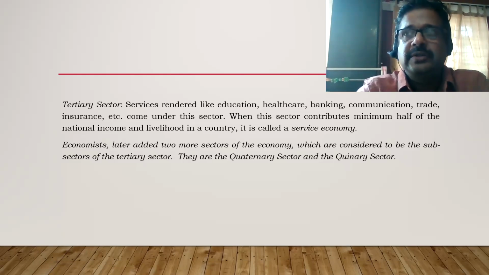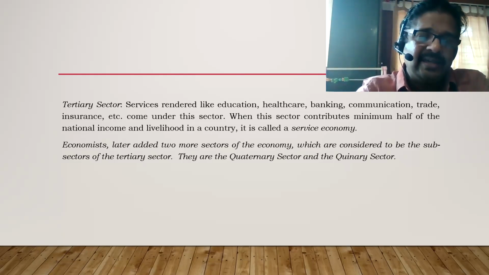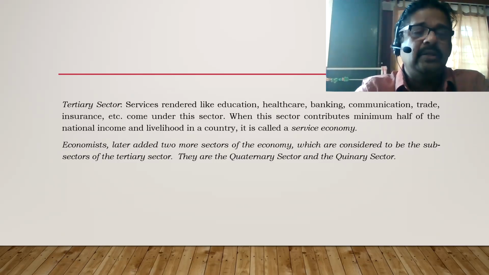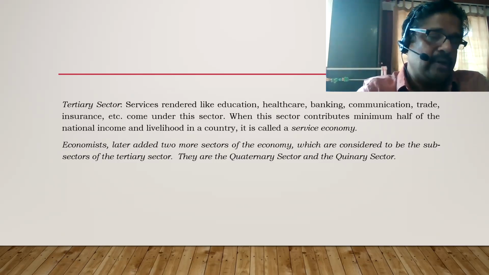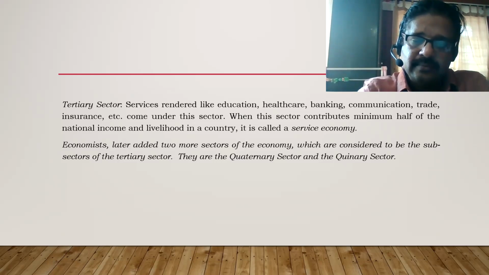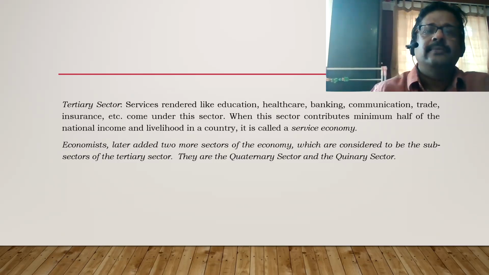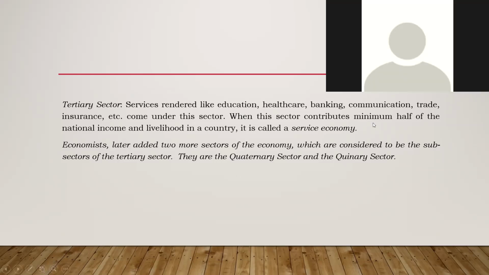Clear? So these three are the different sectors and different types of economies: the primary sector and the agrarian economy, the secondary sector and the industrial economy, the tertiary sector and the services economy. Okay, no doubts.